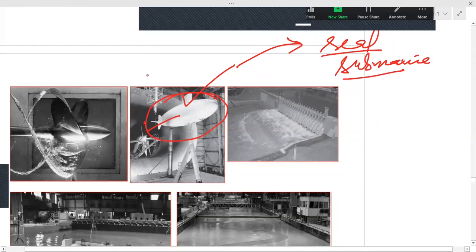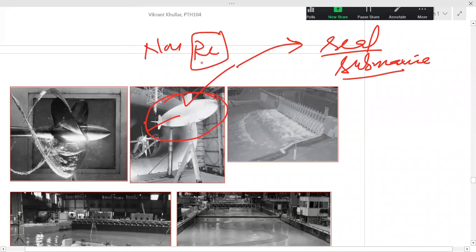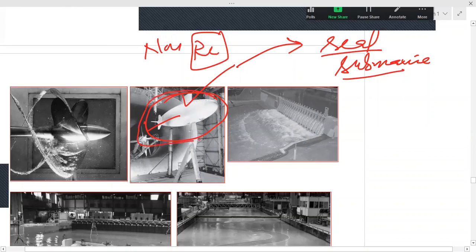So it is at this stage when these non-dimensional numbers like Reynolds number play a critical role. So what you do is you try to keep the same Reynolds number here as it will be in real situation.